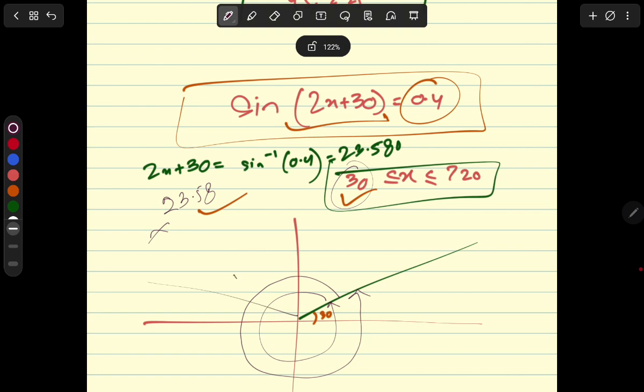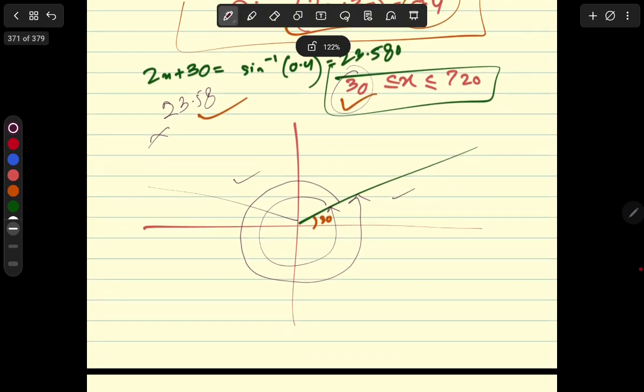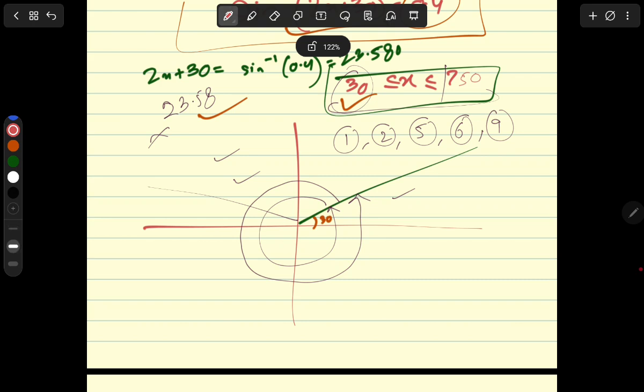Now let's move into the second quadrant, because that's allowed, and then the fifth quadrant and the sixth quadrant as well. So sine is positive in the first, second, fifth, sixth, and ninth. The ninth is also not complete, because this is 750. We just have 30 degrees in the ninth quadrant, because the ninth quadrant starts at 720 and goes all the way to 810, but we are restricting it at 750.